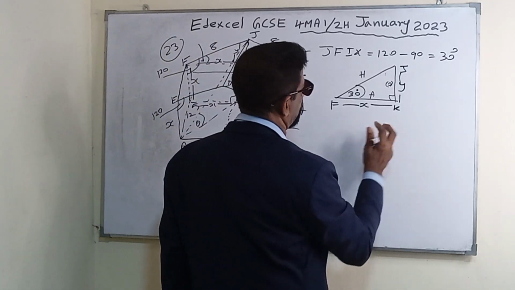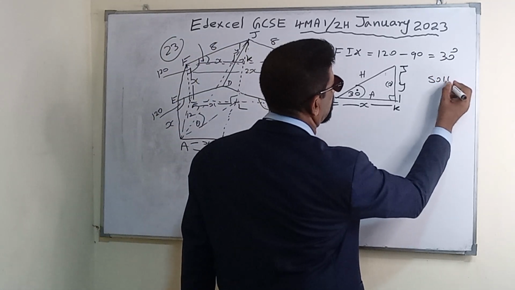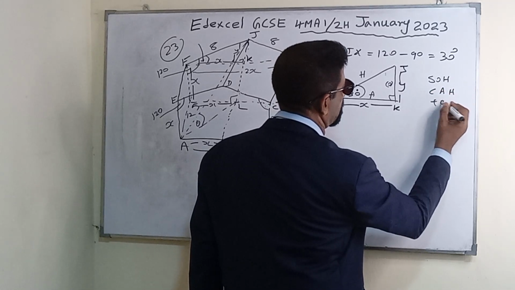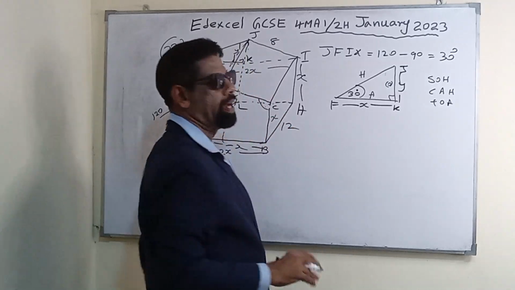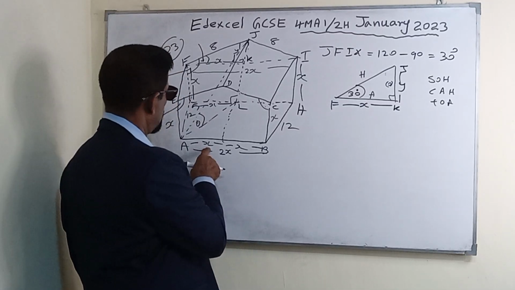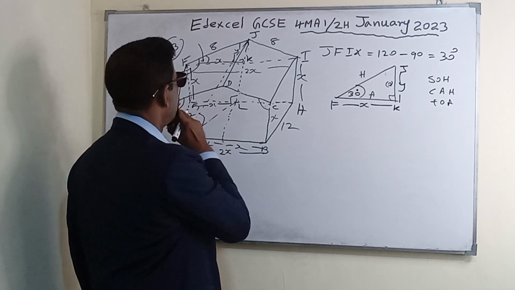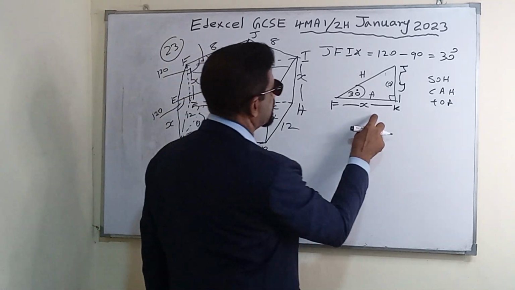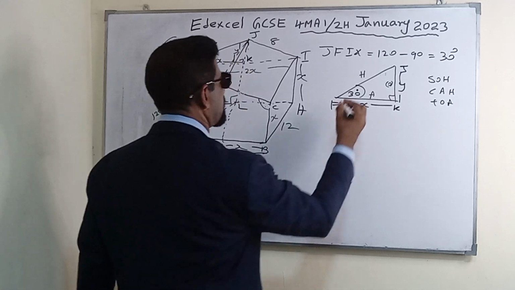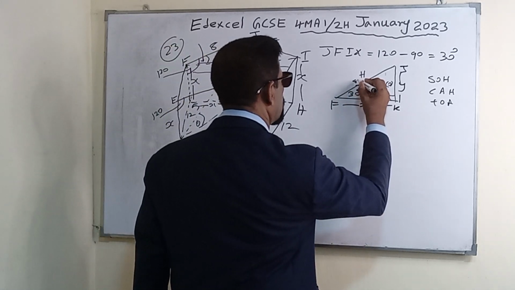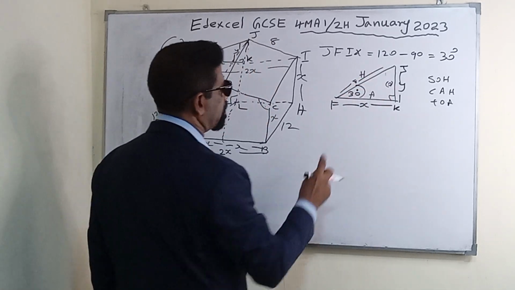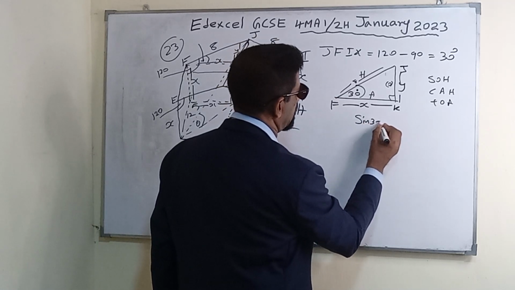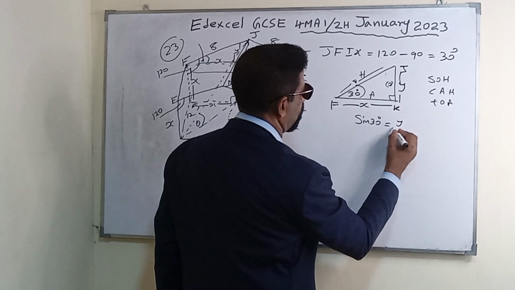Now we know SOHCAHTOA: sine is opposite over hypotenuse, cos is adjacent over hypotenuse, tan is opposite over adjacent. The adjacent, the height, is 8. Opposite to hypotenuse uses sine: sine 30 equals y over 8.